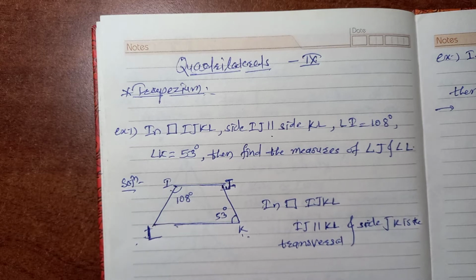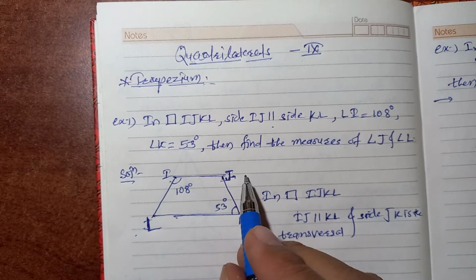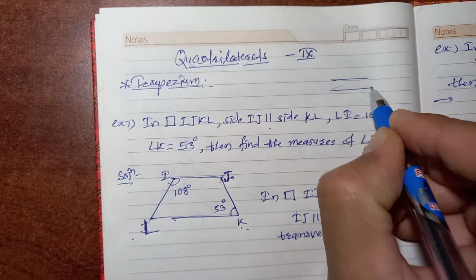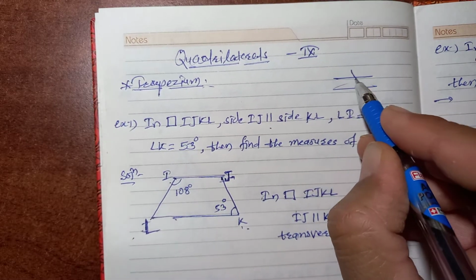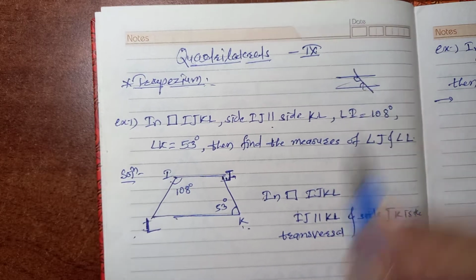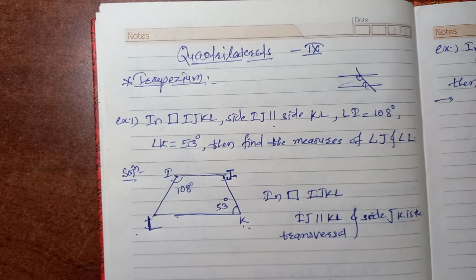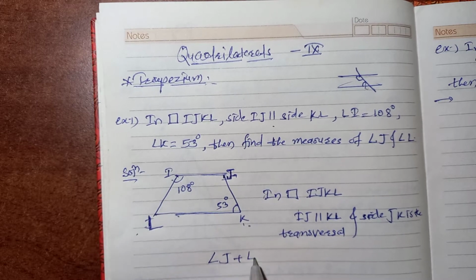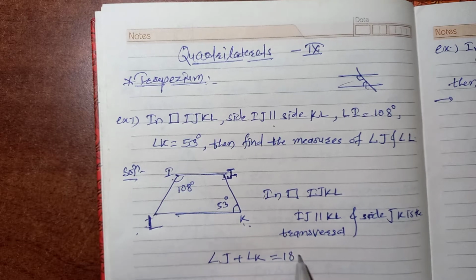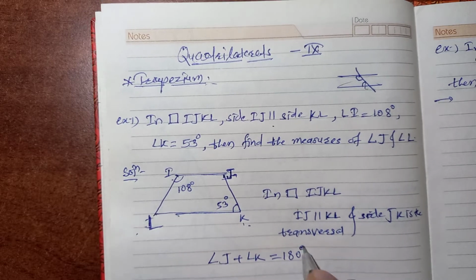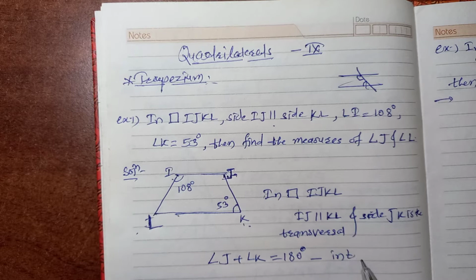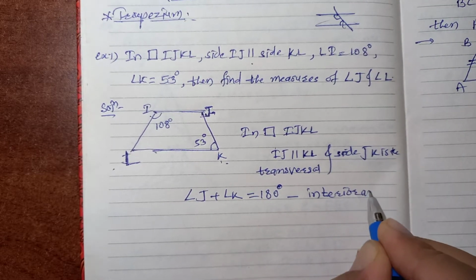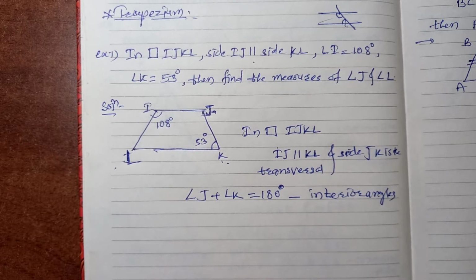This is the transversal, and these two are parallel. Like this the figure comes. So these angles are interior angles. Here we can say angle J plus angle K is equal to 180 degrees. The reason: interior angles.